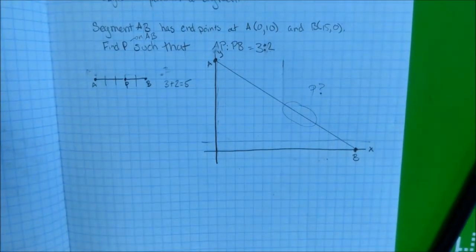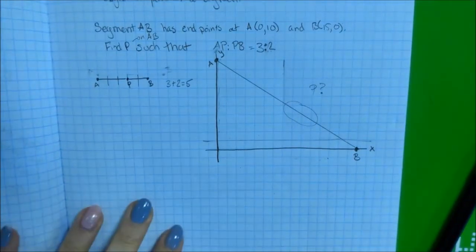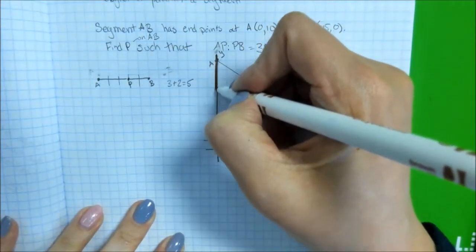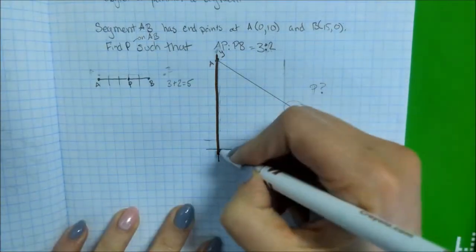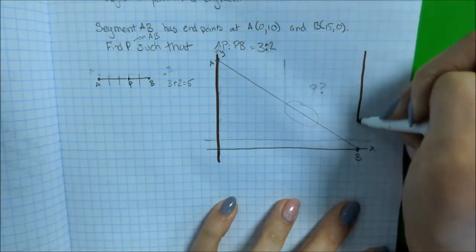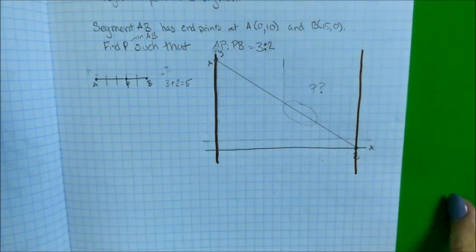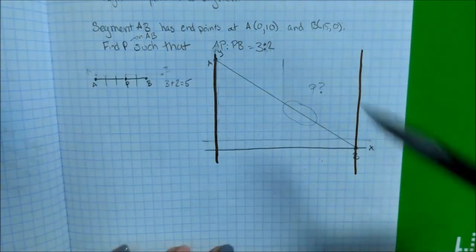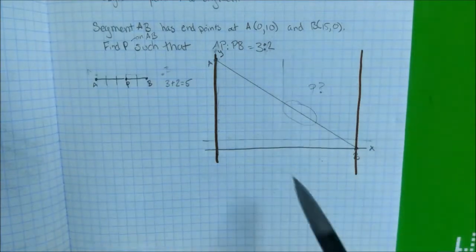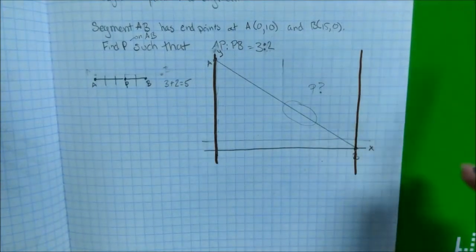I'm going to make 3 parallel lines to help me out. Here's one of my parallel lines. Here's another one of my parallel lines. Okay, and my last parallel line will go through P, so it'll go somewhere through this area here. And I want to figure that out.